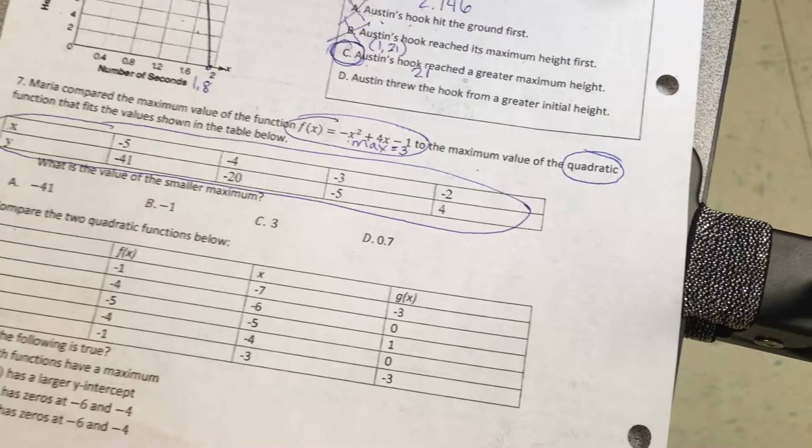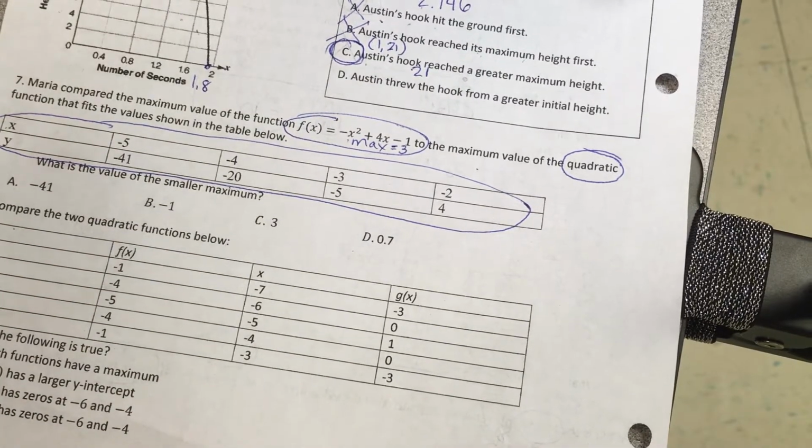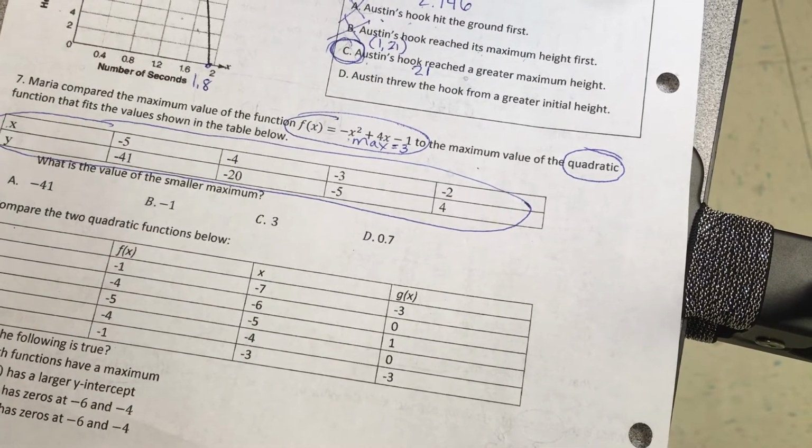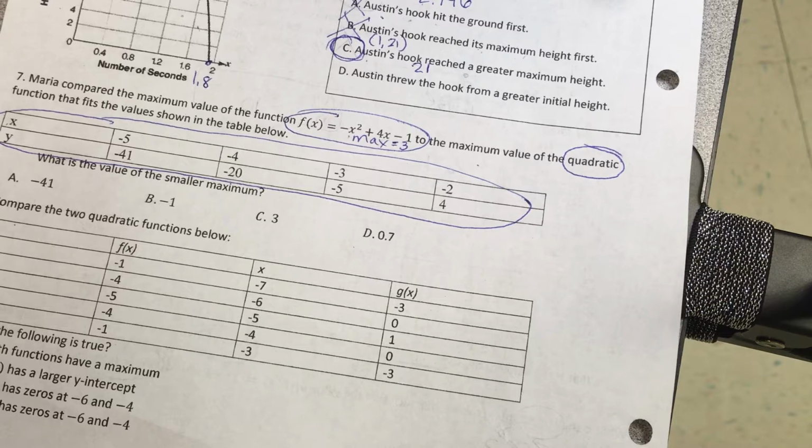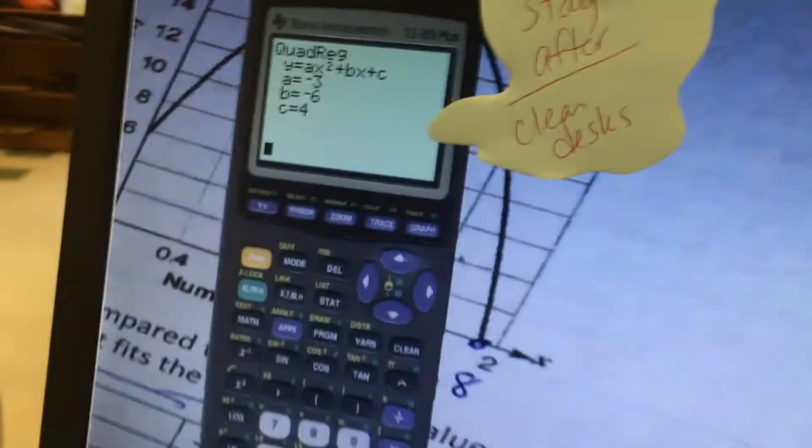And you have choices. You can do what we've done before where you go to the y equals, vars, 5, EQ. You can do it that way. Or you could write it down and type it into Desmos, okay? So I prefer to write down what the calculator's given me.